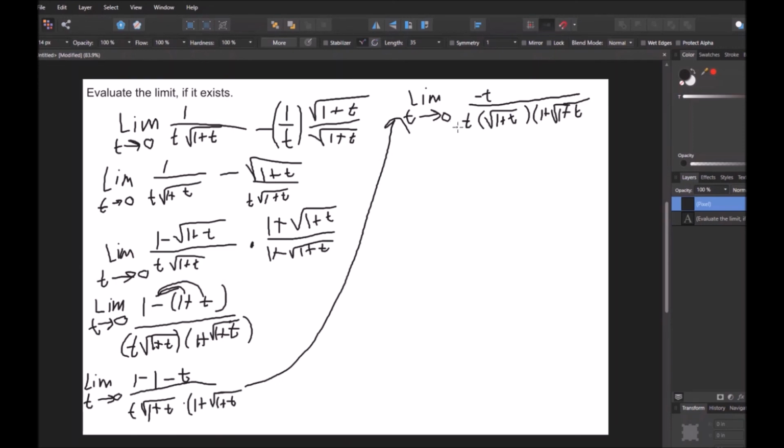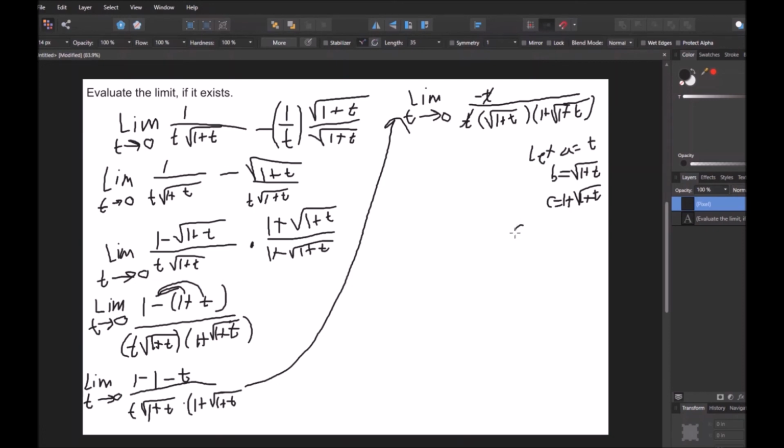So now this t and this negative t up here are going to cancel out, and if it's not clear why, let's do the same variable example that we did a couple problems ago. So let a equals t, b equals the square root of 1 plus t, and then c equals 1 plus the square root of 1 plus t.